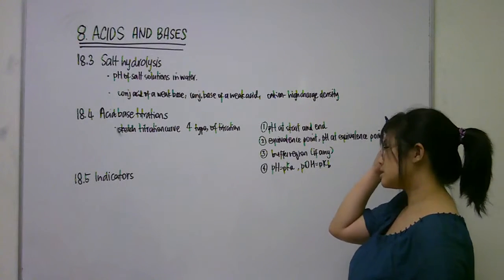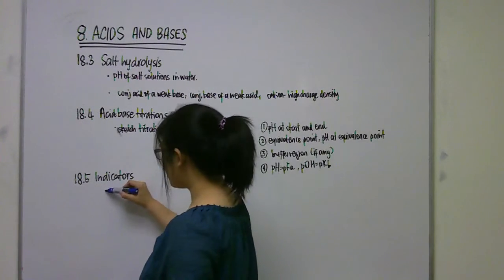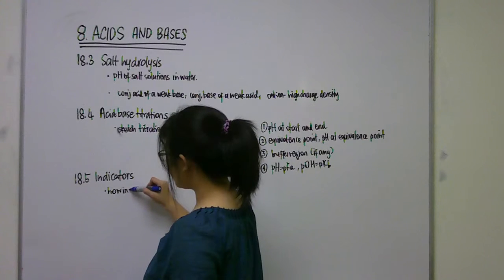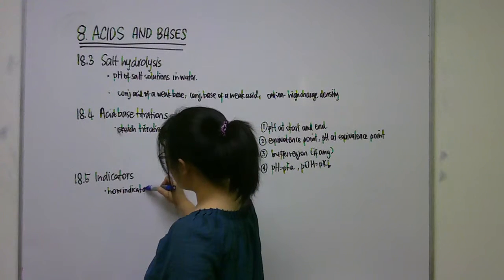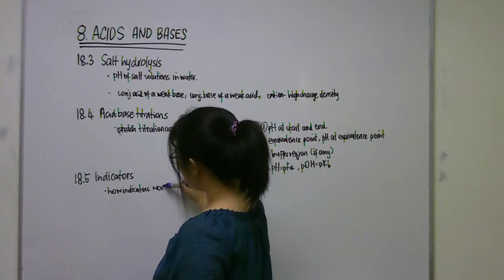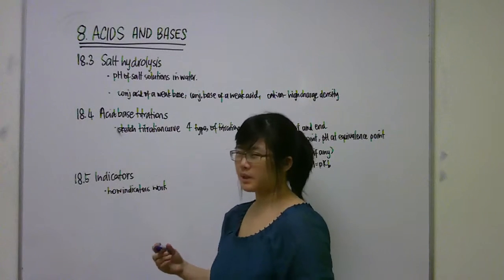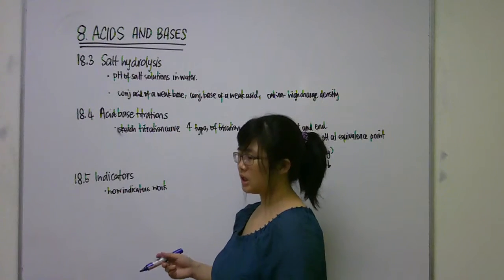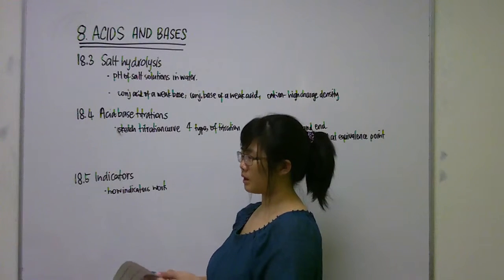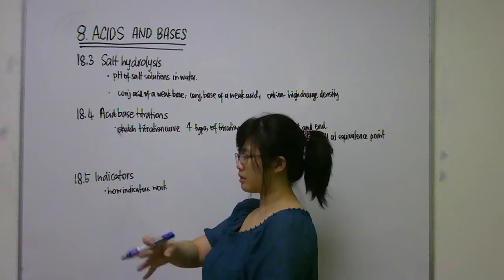For indicators, you need to explain how indicators work. This involves explaining that the indicator is a weak acid. There will be an equilibrium, and one color is different from the other.